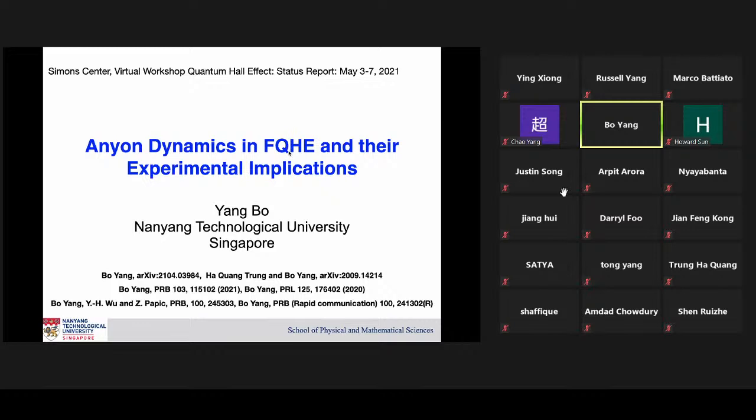I will start with a brief overview of the quantum Hall system, and talk about how anyons can emerge from such systems, and in particular, why the fractional quantum Hall system can be a very natural platform for the experimental realization of quantum fluids where anyons are the elementary degrees of freedom. Then, of course, I'll talk about some of the interesting physics when anyons start to interact with each other.